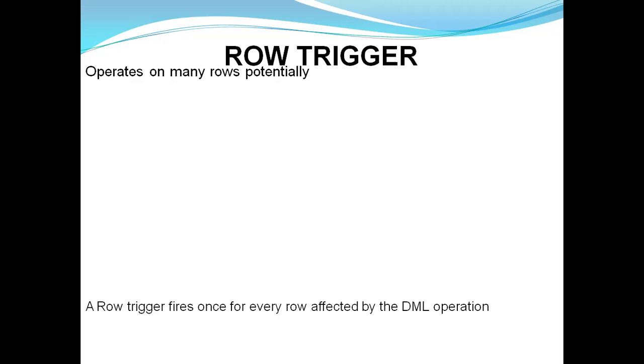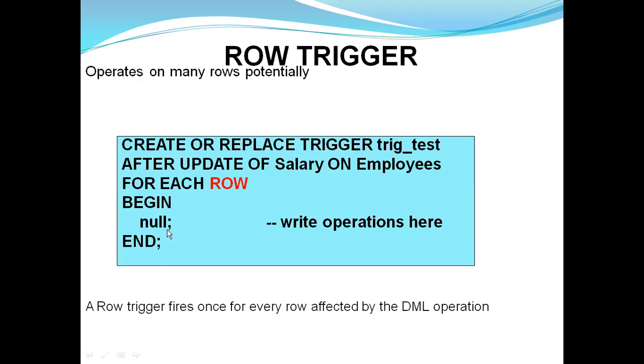So simply there are two types of triggers. How do we decide that? For each row. As soon as you write the special statement for each row, it will become a row level trigger. So the number of rows affected by your insert, update, and delete, that many times your trigger will get executed.